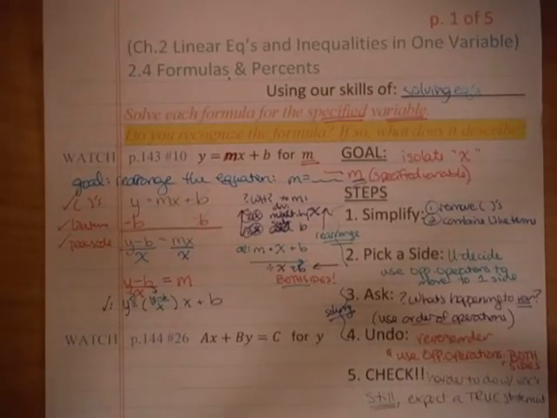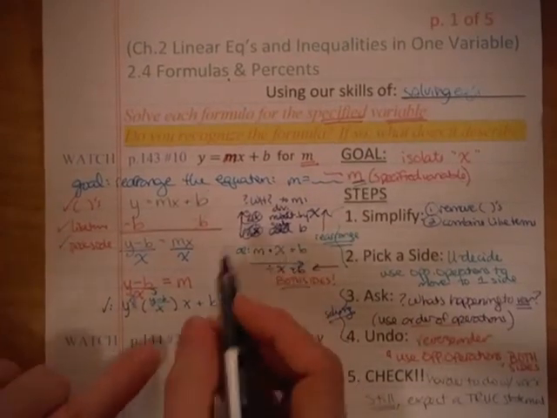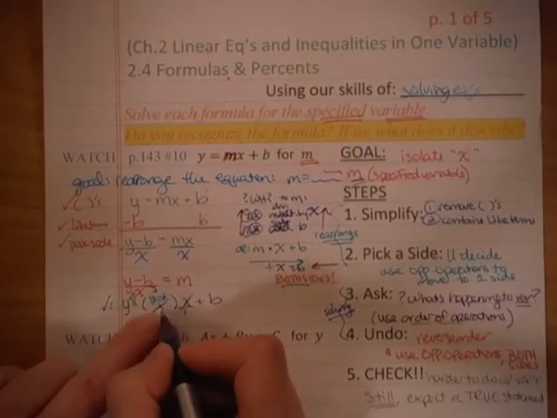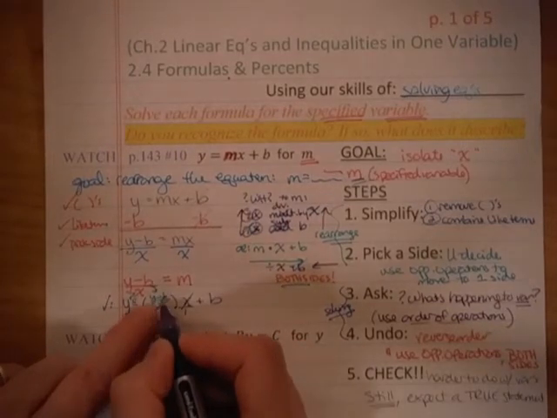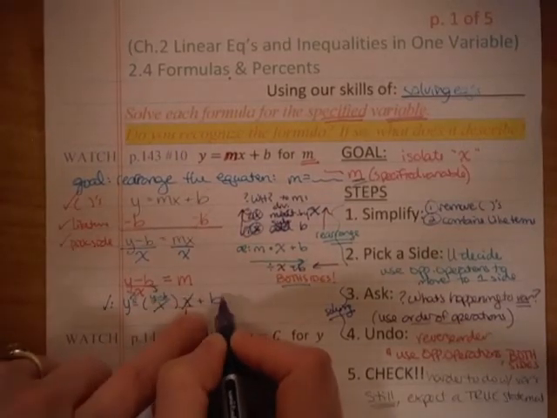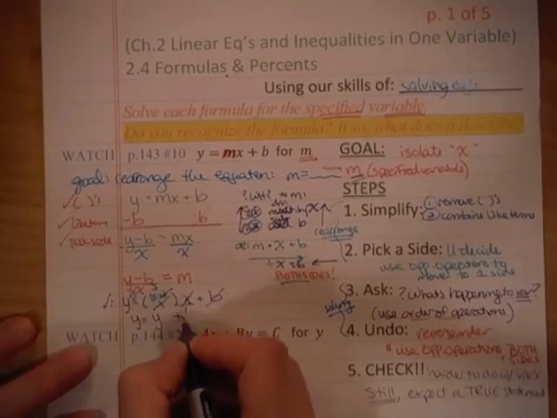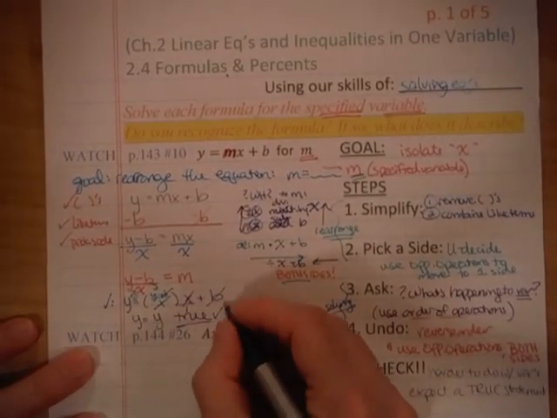What would happen is, and we're just checking to see if this is a true statement, the x's would cancel, because you've got x over 1 times this over x. Then you'd have y minus b plus b. The minus b and the plus b would also then cancel, and then you're left with y equals y, a true statement, which means that our answer checks.